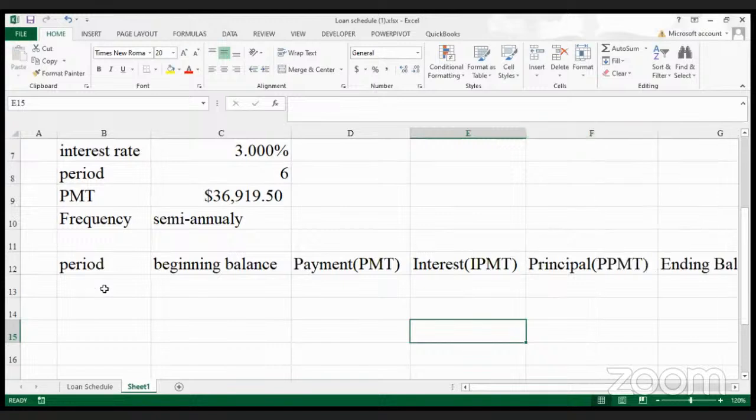PPMT function to help us get that. So period, let's have 0 there for our understanding.